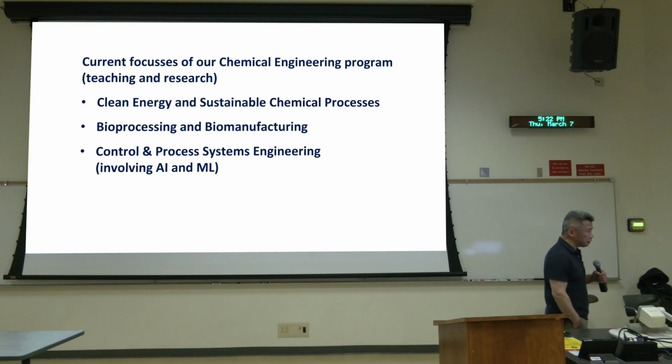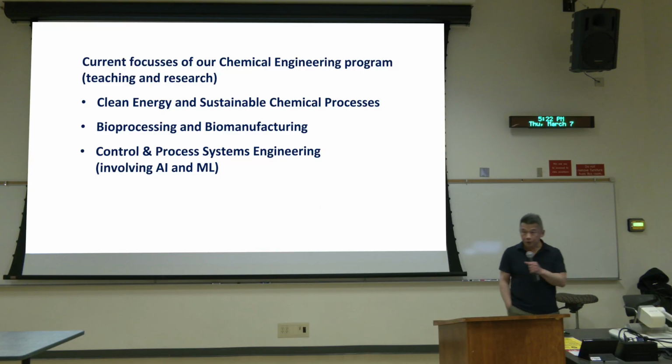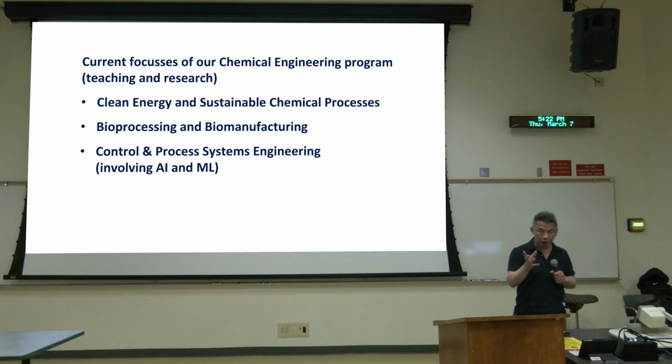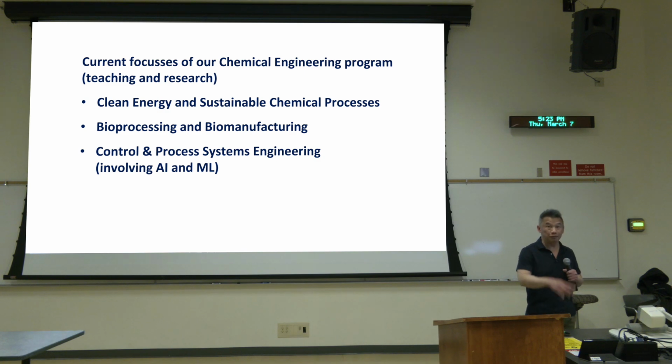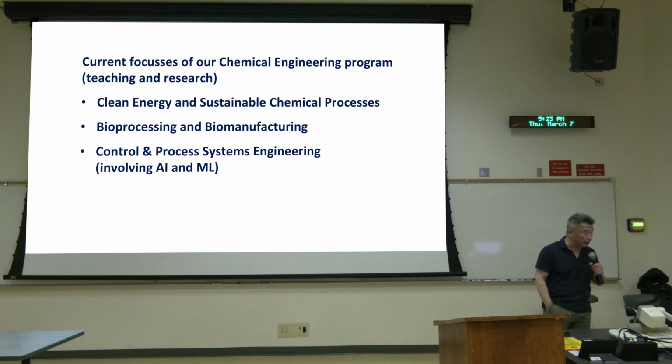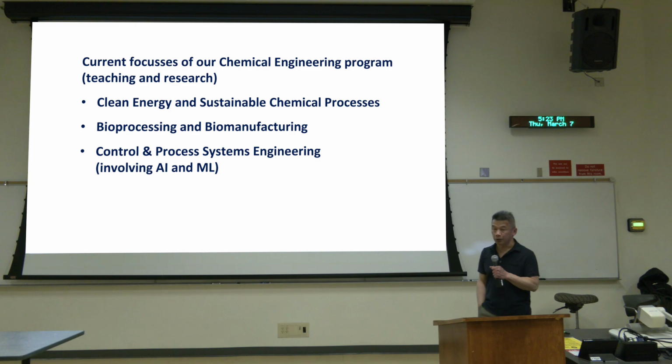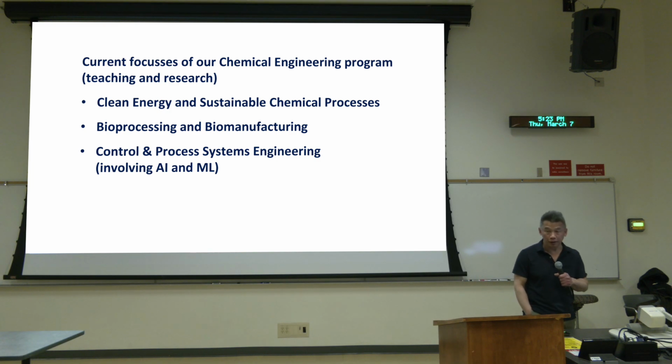So the current focus of our chemical engineering program, both in teaching and research, if you come in, you can sign up for regular chemical engineering. We have 3 other options starting this coming fall, which is available to you guys. There's a clean energy and sustainable chemical processes option. There's a bioprocessing and biomanufacturing option.